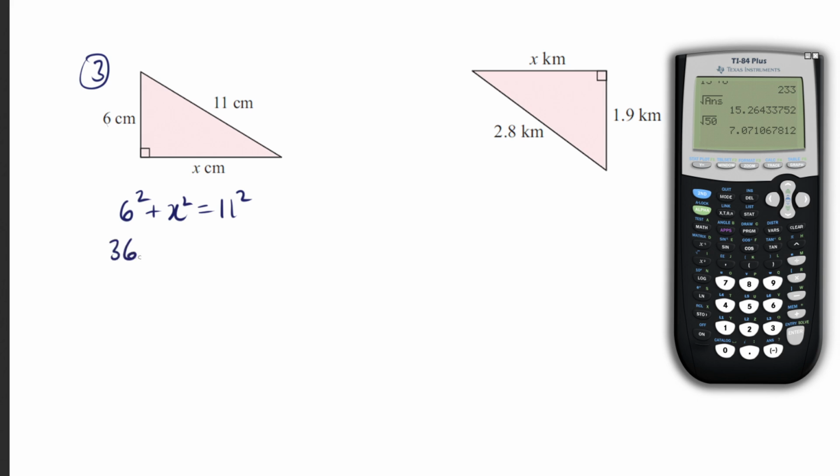So this time I have to take the 36 to the other side. Okay, 85, and then I just square root 85. 9.22.